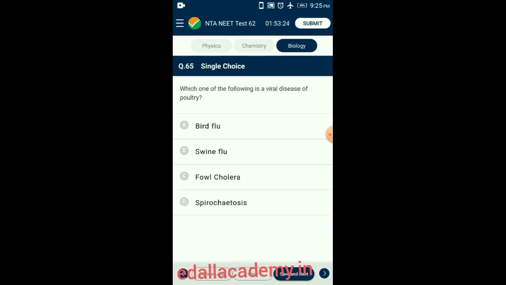Question number 65. Which one of the following is a viral disease of poultry? Bird flu resembles influenza and is caused by virus H5N1. The virus enters man through chicken. So the answer is option A, bird flu. Question number 66.